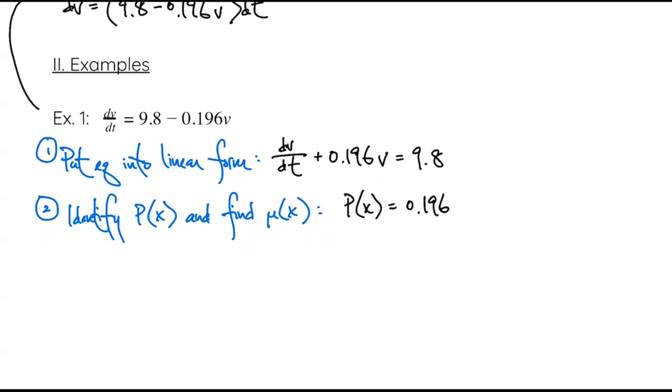How do we find mu of x from here? Well, mu of x is that formula that we put the little rays of sunshine around. It's going to be e to the integral of p of x dx.